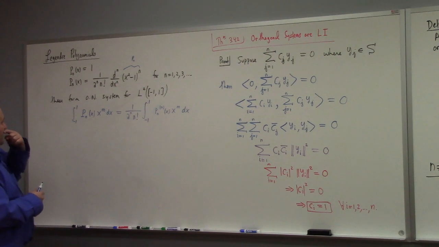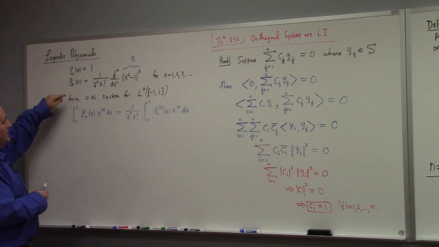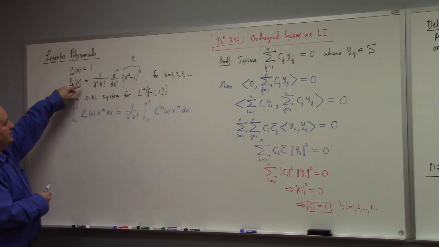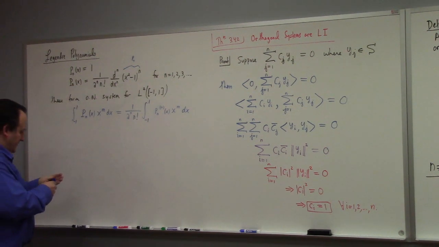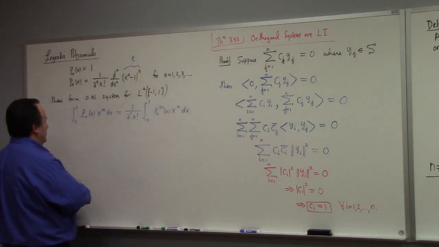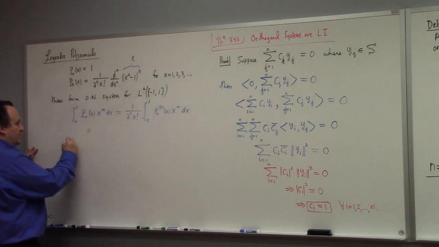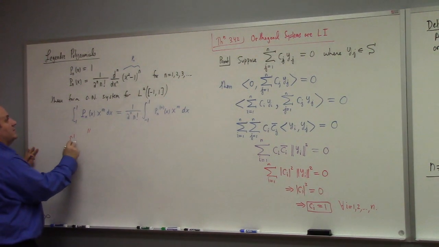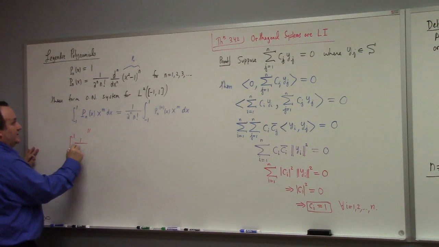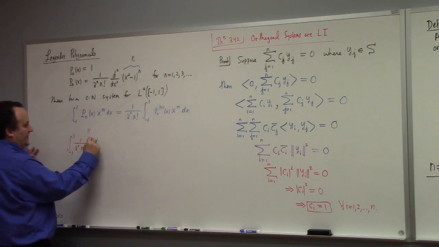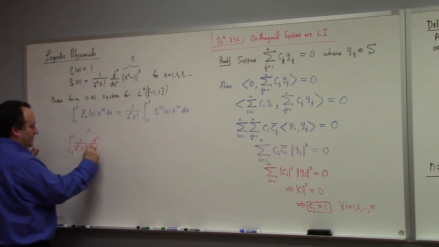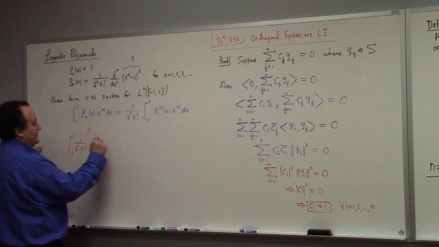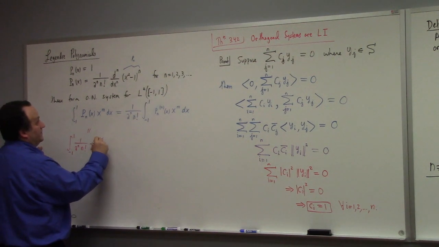I'll say like this one here. So you notice that, well, let me just take one more step here. This is literally the integral from minus 1 to 1 of 1 over 2 to the n times n factorial times the n-fold derivative with respect to x of, well, this is Pn of x, right?